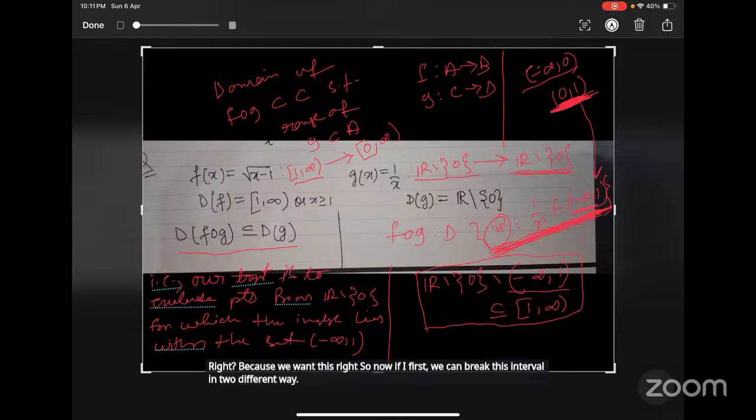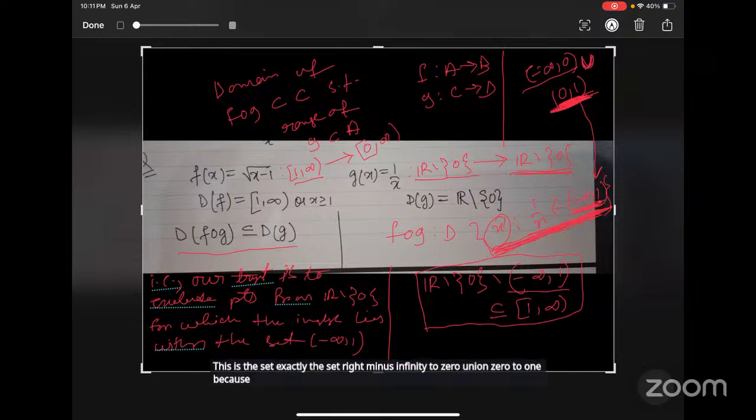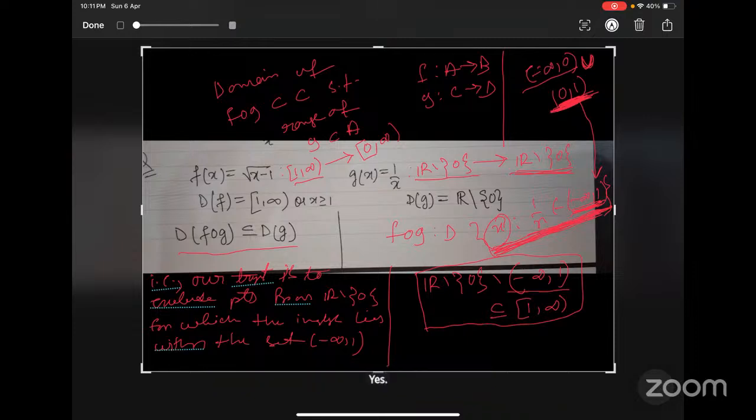First, minus infinity to 0, then 0 to 1, right? This is exactly this set: minus infinity to 0, union 0 to 1, because 0 is not inside the range. Is it fine up to now? Yes, fine, ma'am. 0 is already excluded, so we are not bothered about 0.